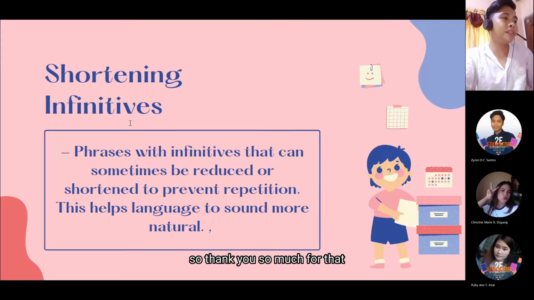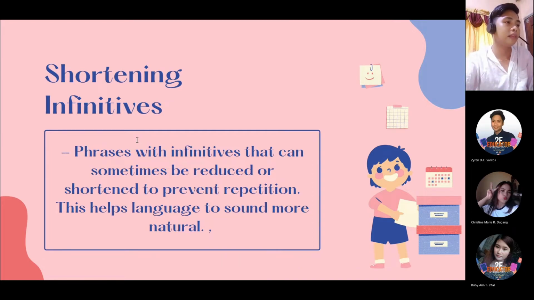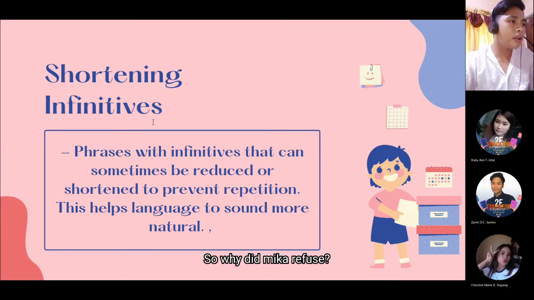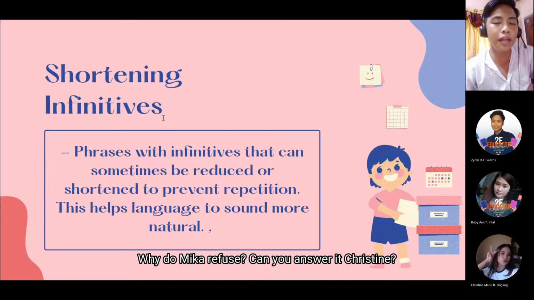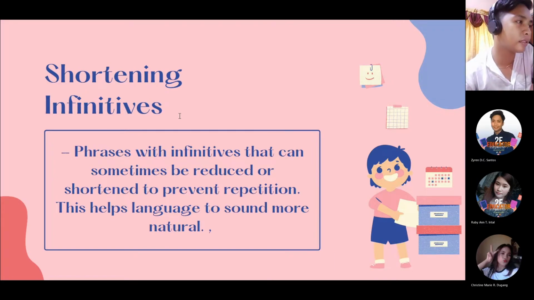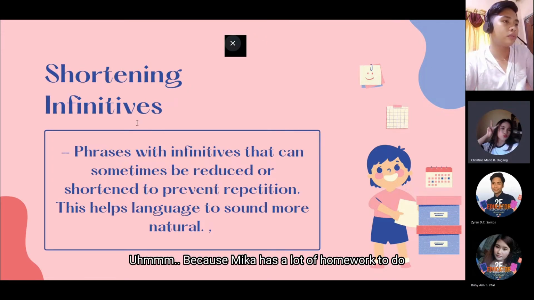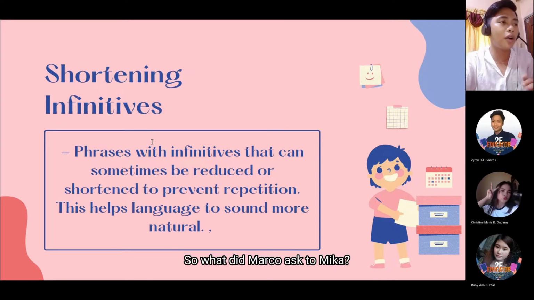Correct. Thank you. And Miss Ruby, how did Mika respond to Cynthia's invitation? Mika refused Cynthia's invitation po. Correct. Why did Mika refuse? Can you answer it, Christine? Because Mika has a lot of homework to do po. Correct.